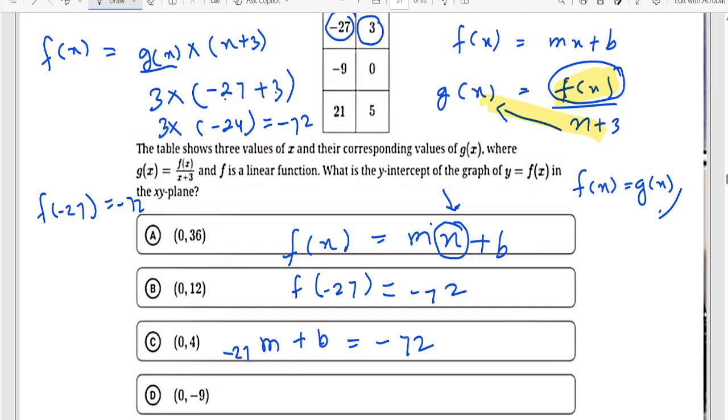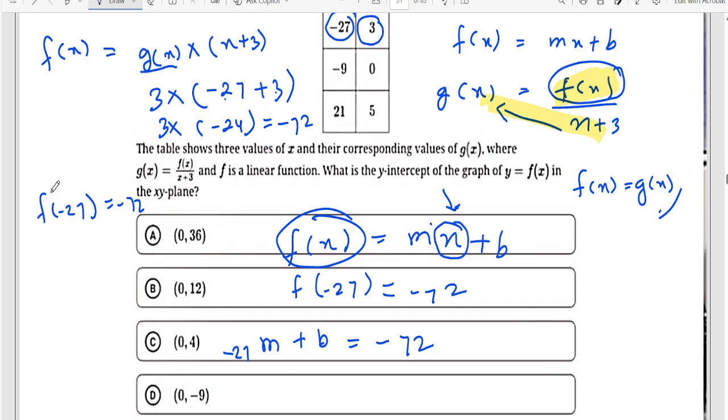Because 72 is f(x). I can write it like this. Now from here, I can get the value of m if I just solve it.